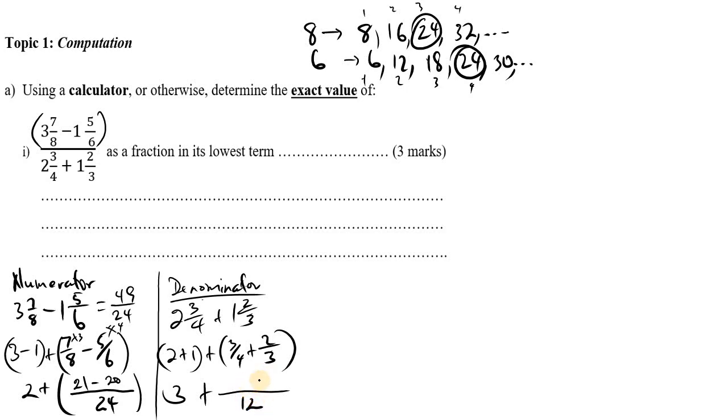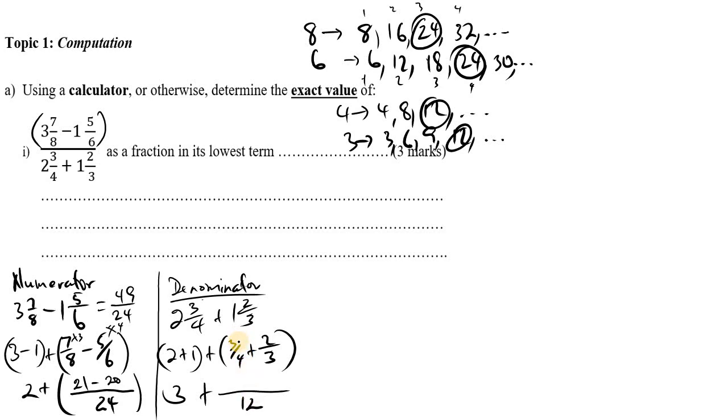That's the lowest number that both can enter. So 4 is 4, 8, 12, etc. And 3 is 3, 6, 9. Keep on adding 3. Notice that we end up with 12 as a common multiple for both, and that's the lowest one. We have much more multiples, but 12 is the lowest one.